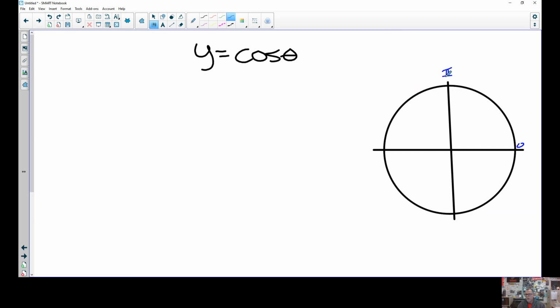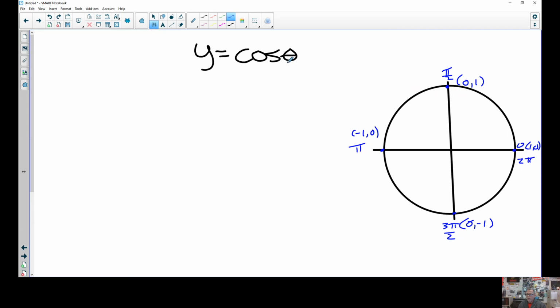We have pi over 2 up here, pi, 3 pi over 2, and back to 2 pi, right? Now, again, position-wise, we want to talk about the position of these points. This is 1, 0. This one is going to be the point 0, 1. This will be -1, 0. This will be 0, -1. And we're back to 1, 0.